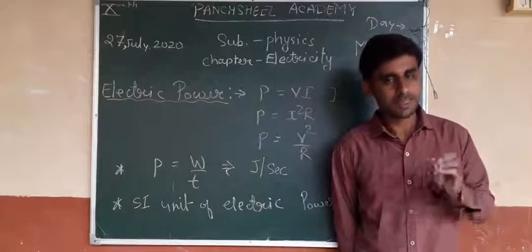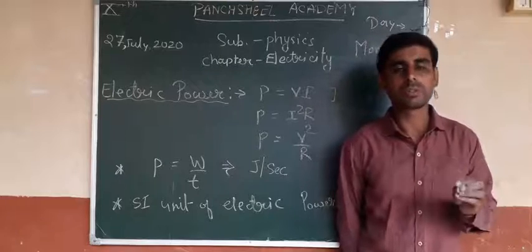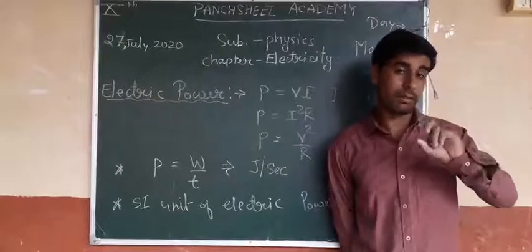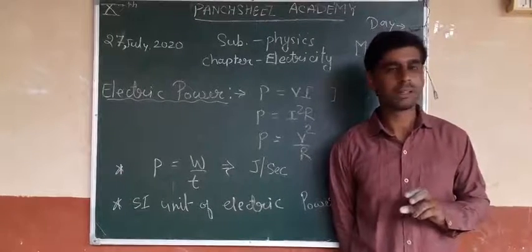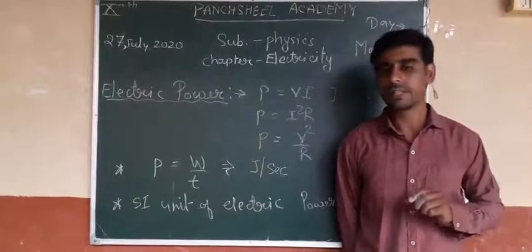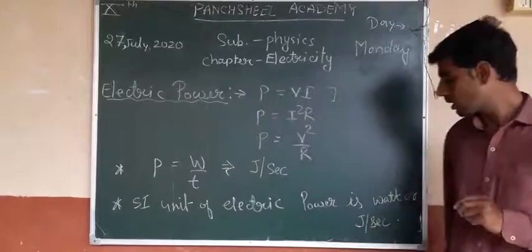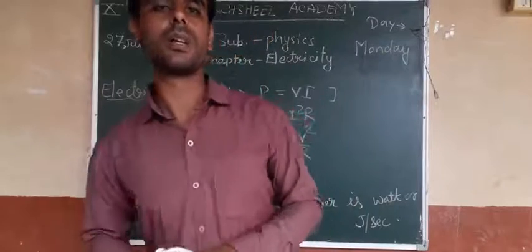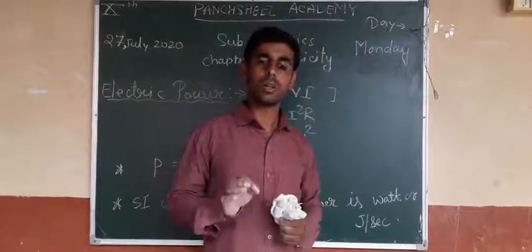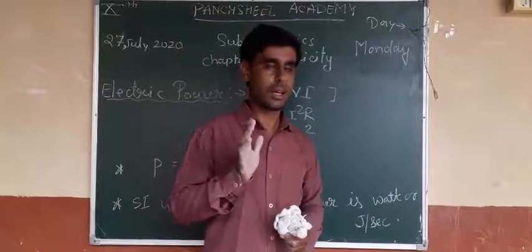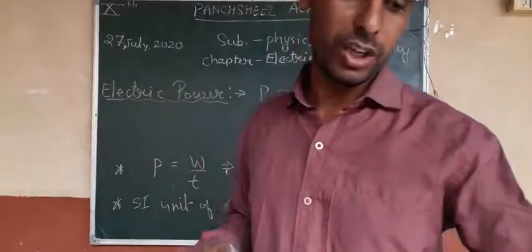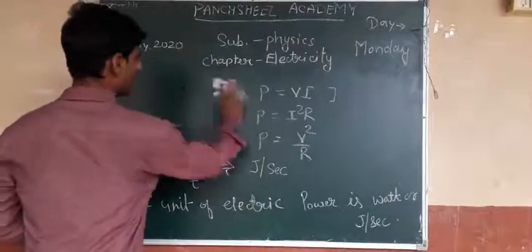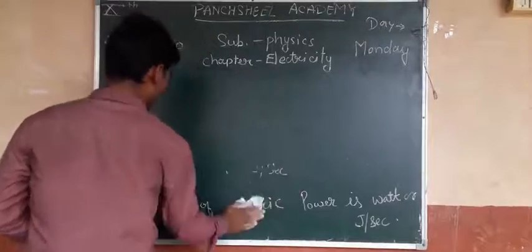All these electrical appliances consume some energy, and on the basis of consumption of this energy we can calculate our electric bill, because this energy is not in the form of joule, this energy is in the form of kilowatt hour or unit. So I write one very important relation regarding electric energy, so you can easily calculate your electricity bill.